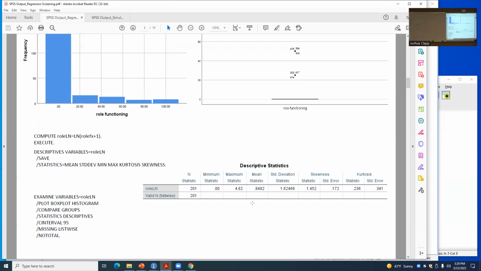If I just ran the model and things are working well, and then I transform it and the effect goes away, what I would start to worry about is that maybe it's the folks on the tail that are driving that outcome.